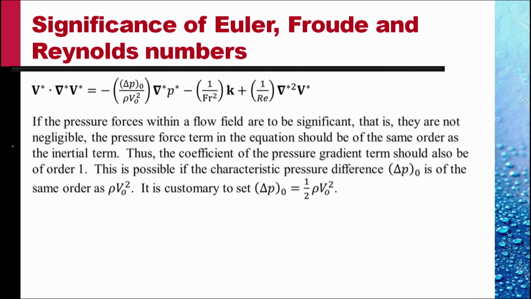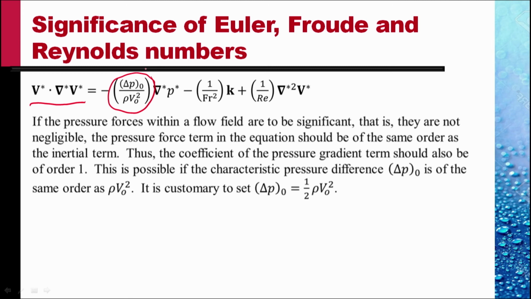If the pressure forces within a flow field are to be significant, that is, they are not negligible, the pressure force term in the equation should be of the same order as the inertial term. Thus, the coefficient of the pressure gradient term should be of order 1. This is possible if the characteristic pressure difference delta P naught is of order rho V naught square.